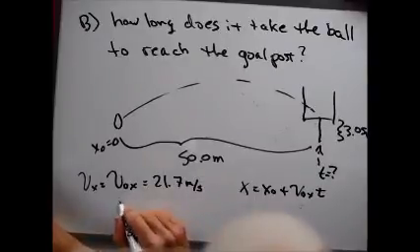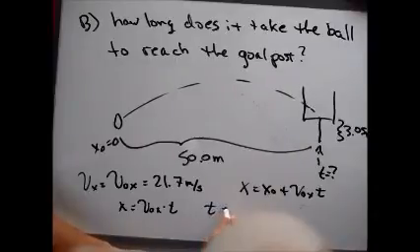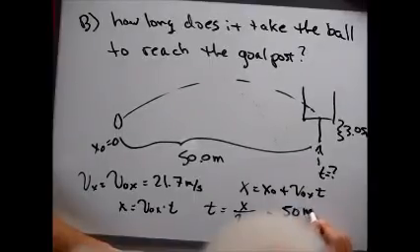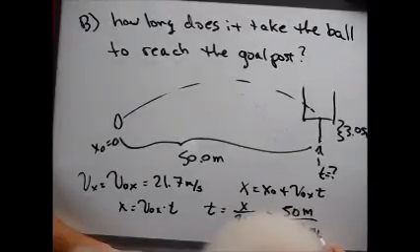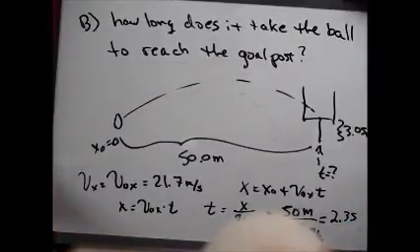So x equals V0x times time, or time is equal to x over V0x, which is 50 meters divided by 21.7 meters per second, which is approximately 2.3 seconds. So that's the time it takes to reach the goalpost.